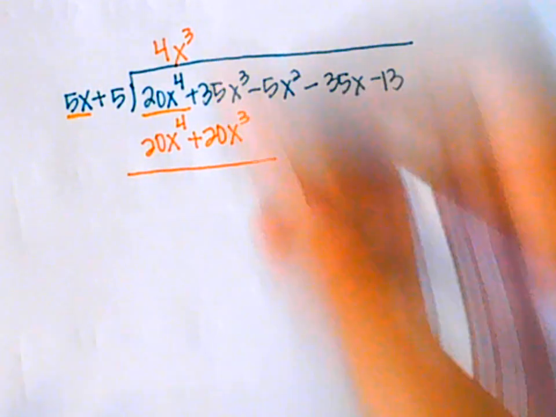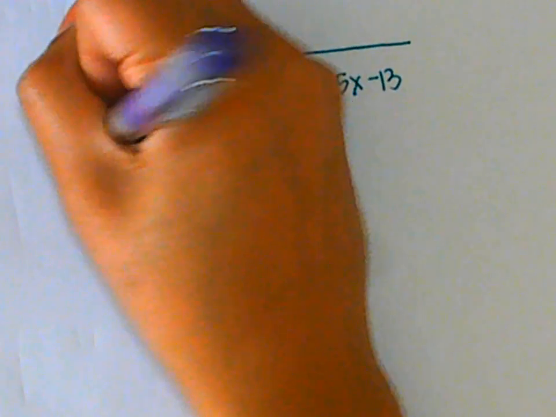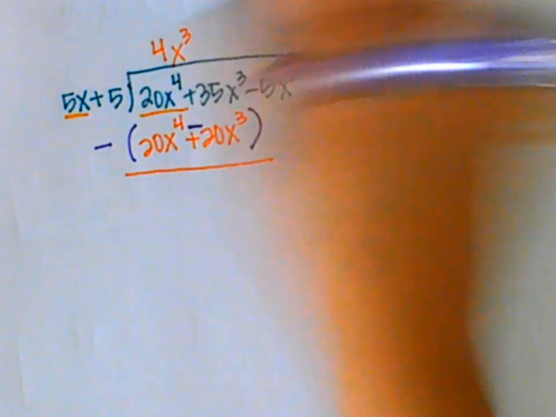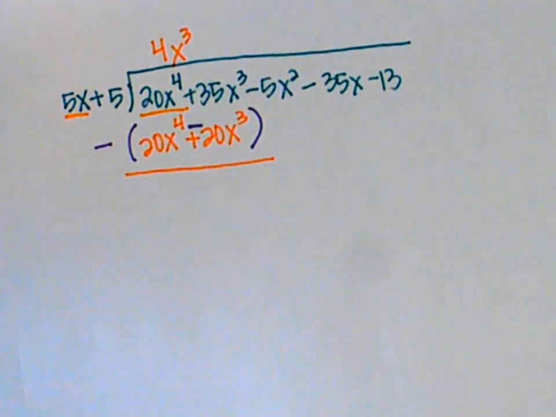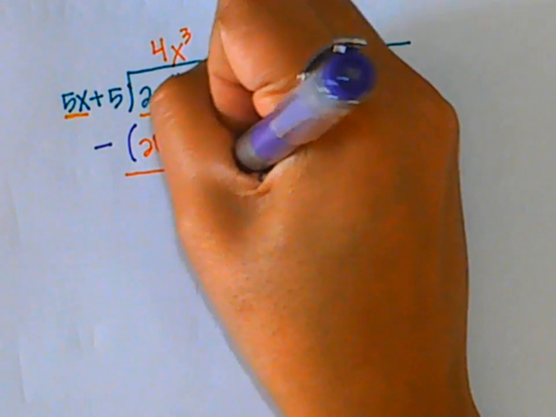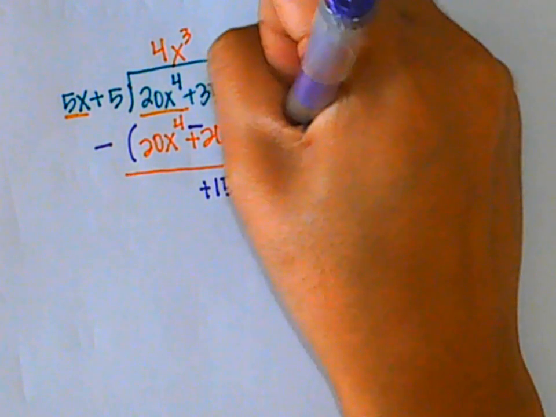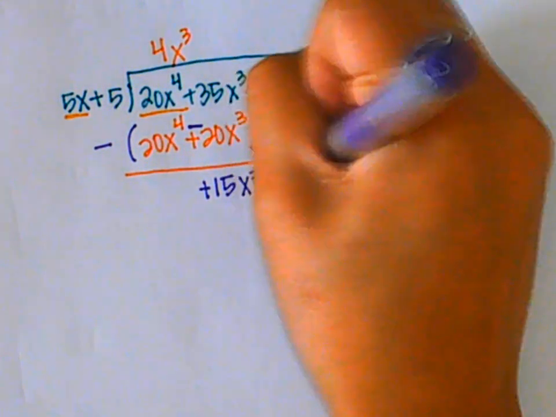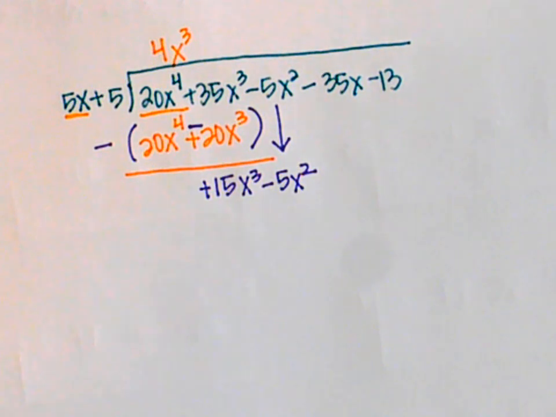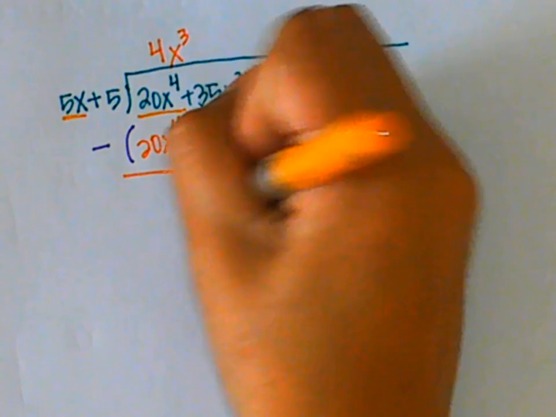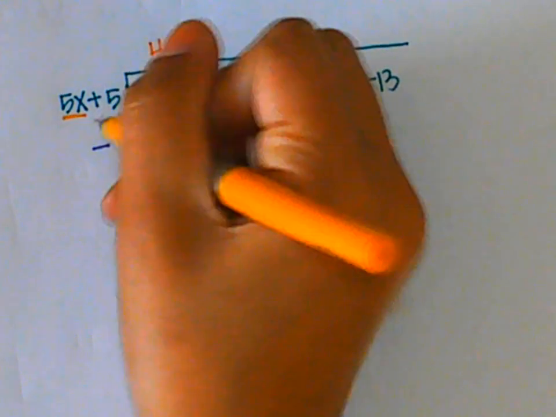At this point, remember, you need to subtract, which would change the sign here. And you get 15x cubed. Bring this down, which is a negative 5x squared. So again, I'm going to focus on the biggest term and the biggest term.